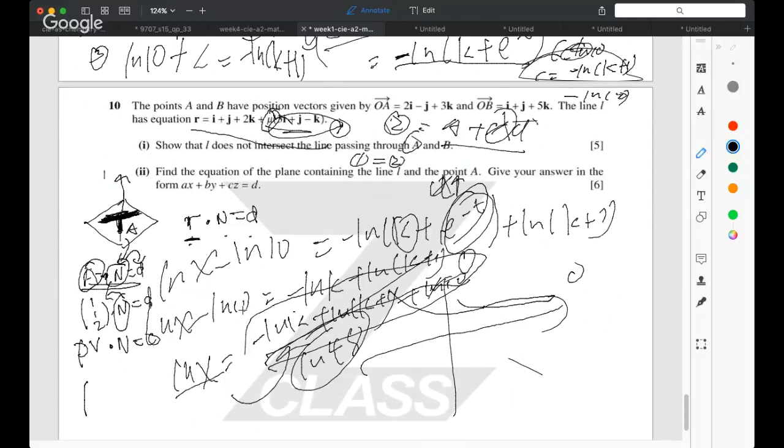Any questions? Any questions? Good luck in mechanics. Can we just find this expression? Yeah.